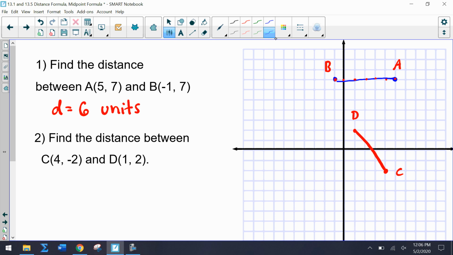So what we can do, we can use our knowledge of triangles to help us. What if we created a right triangle here? We could find the distance between C and this point, so 1, 2, 3, and then the distance here, 1, 2, 3, 4. So if this is 3 and this length is 4, the length of DC would be 5.